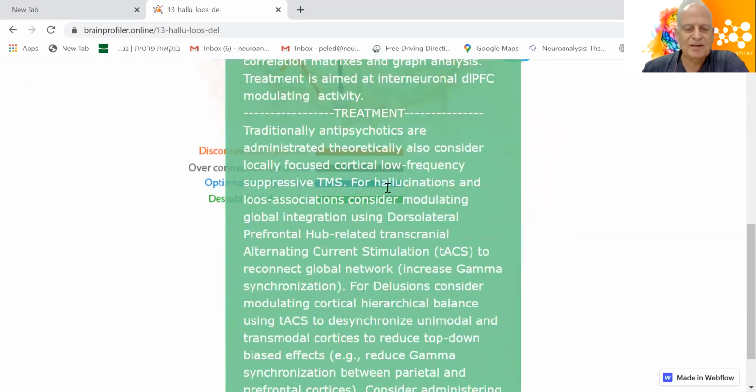In the treatment part, you can have some intuition about additional treatments that exist today but are not combined in a specific manner tailored for this specific patient. So for this specific phenomenology, these are the combinations.